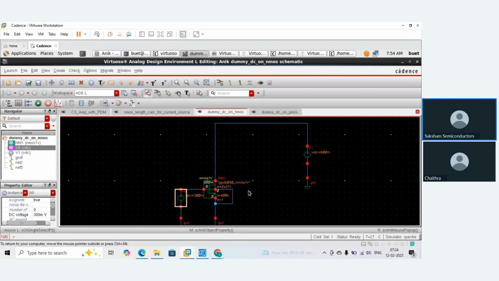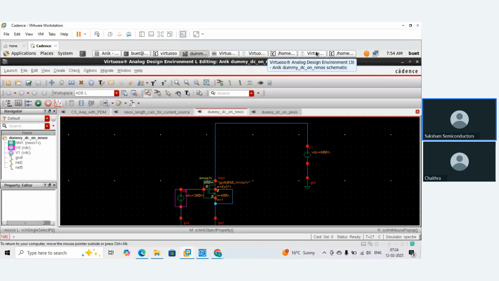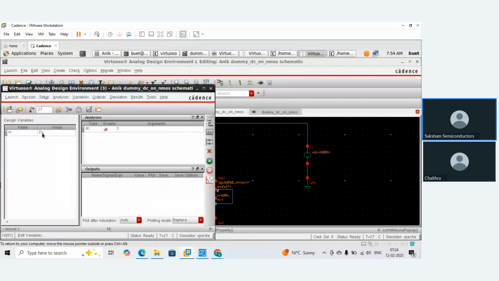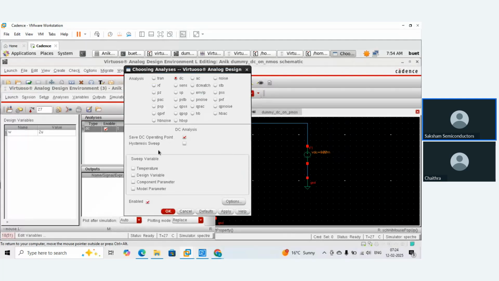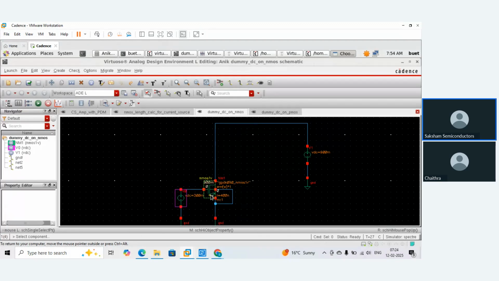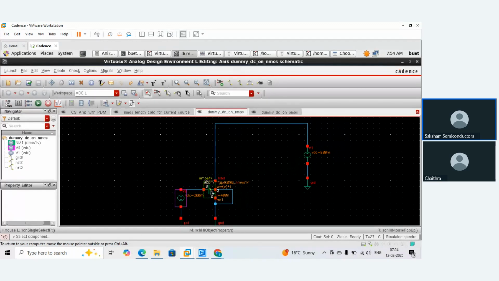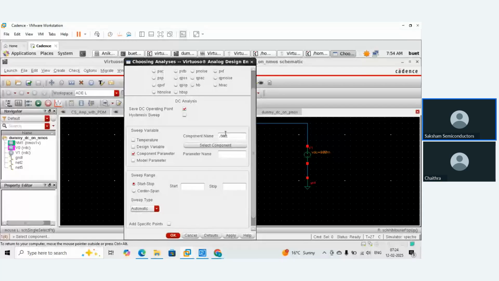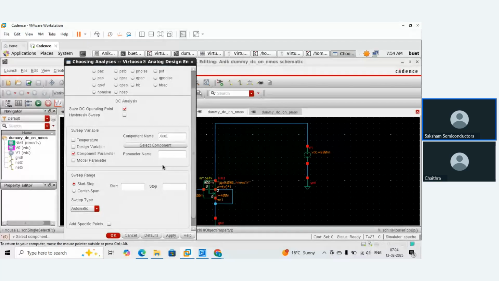W I'm keeping as W. Now with this VGS of 300 milli, let us try to sweep a component parameter. I'm going to select the component parameter, this MOSFET NM1, and my parameter would be W, because I have mentioned the value of width as W.